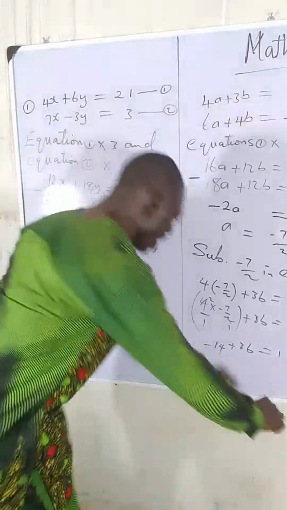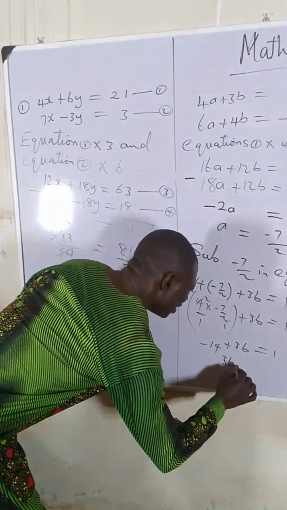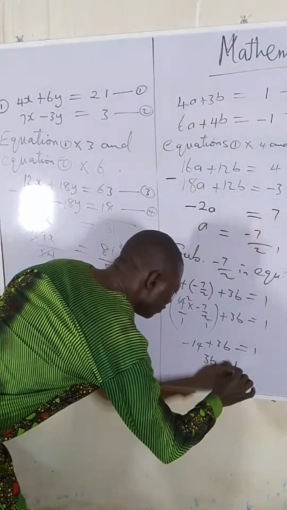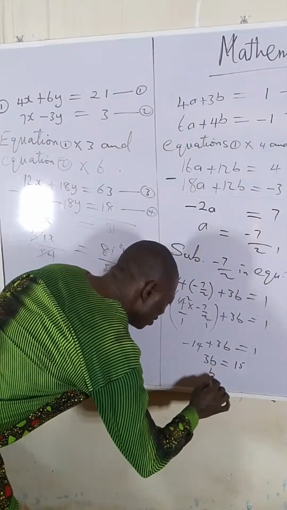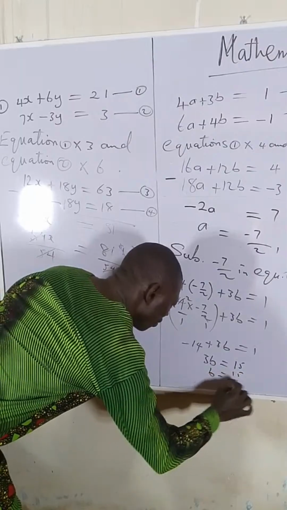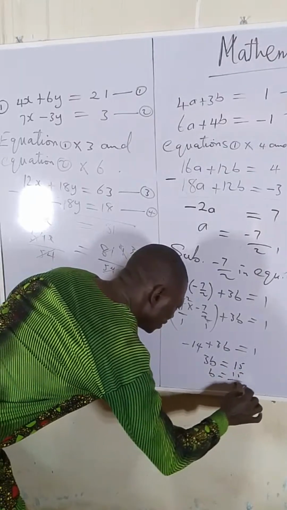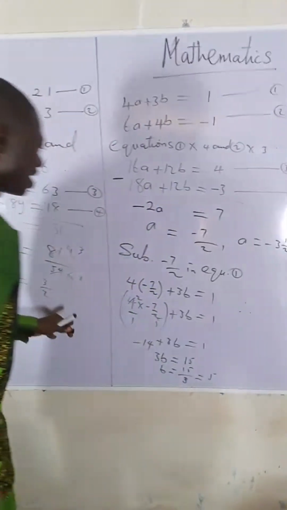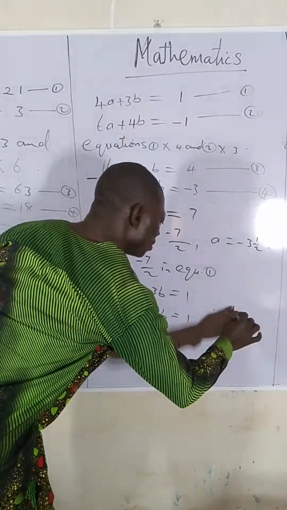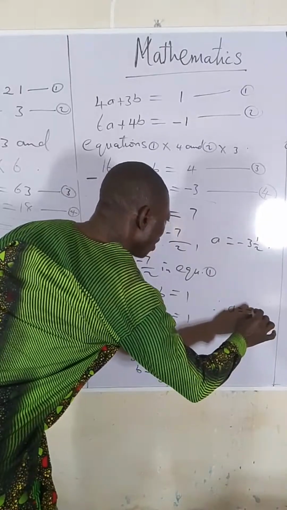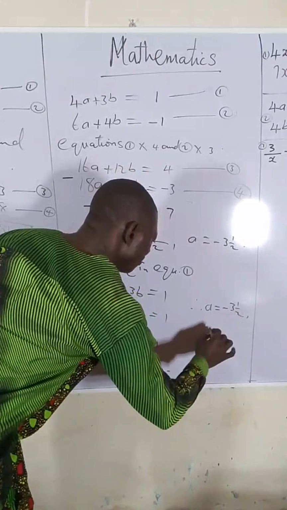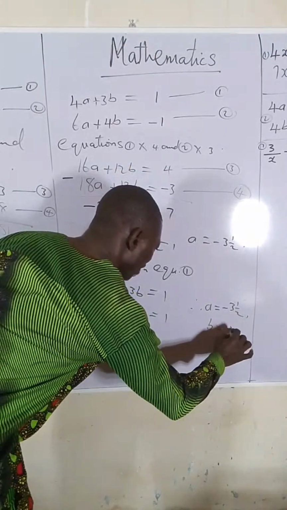And so we are going to have here 3b is equal to 1 plus 14, which will give you 15. And so b is equal to 15 over 3, which gives us 5. Therefore, we are concluding that a is equal to minus 3.5, while b is equal to 5.